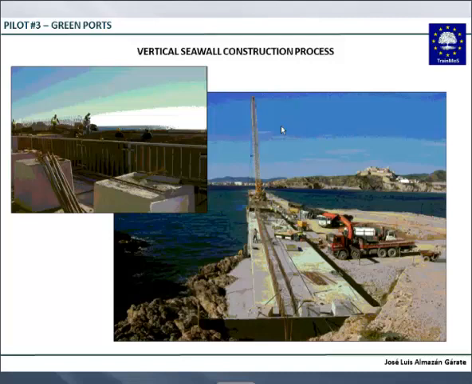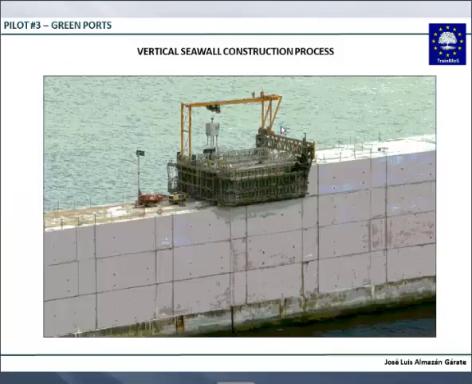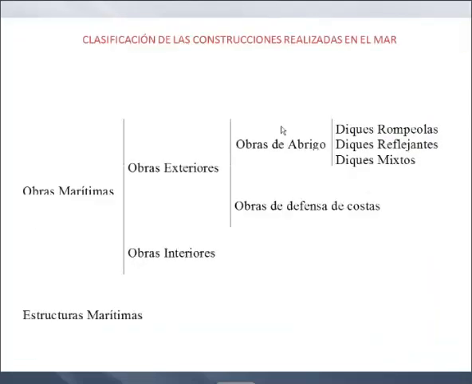Very important, very important, and a lot of misunderstandings here. We distinguish between maritime works, which can be what we have been seeing, protective work or money-making work, and marine structures.